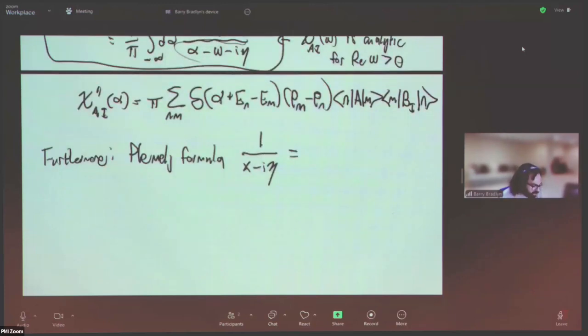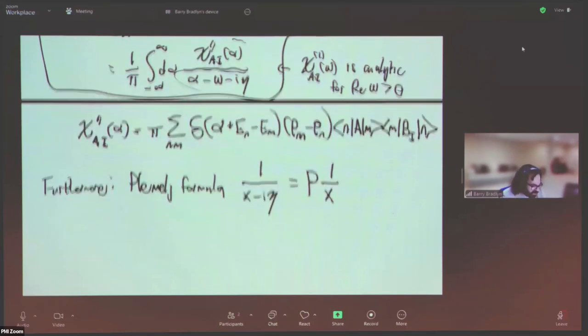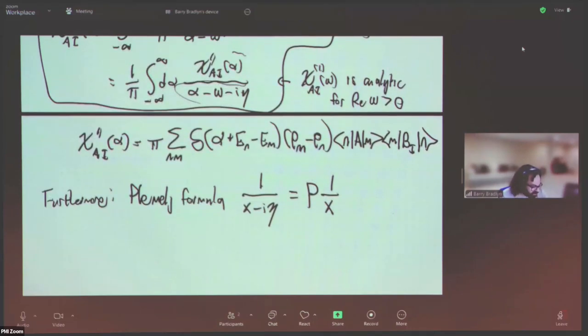This is equal to, in the limit as eta goes to 0, well, almost 1 over x, the principal value of 1 over x. So when this sits in an integral, we have the integral, x goes from minus infinity to some infinitesimal, and then at infinitesimal to infinity, we just exclude 0. And then i times pi times a delta function.